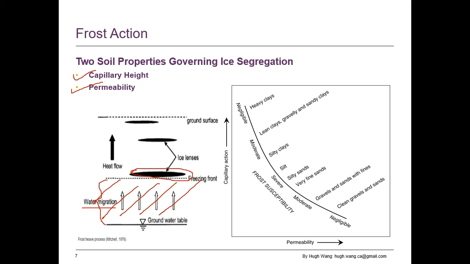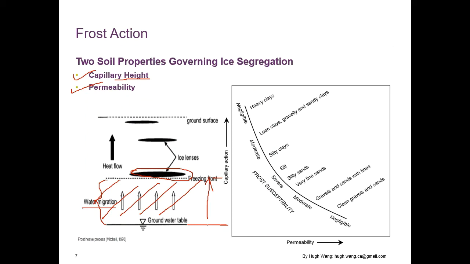In order for the water from here to get to here, the soil needs to have enough suction to draw the water from here to here. So this is determined by the capillary head.